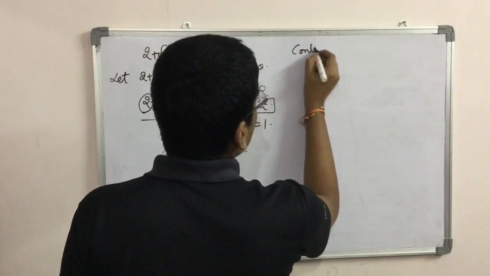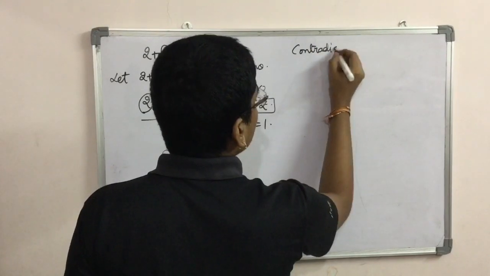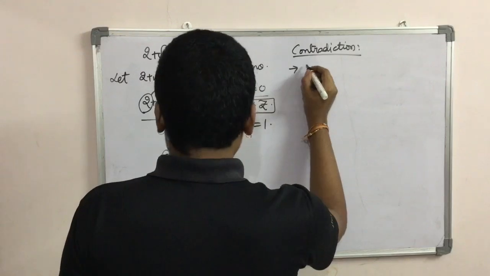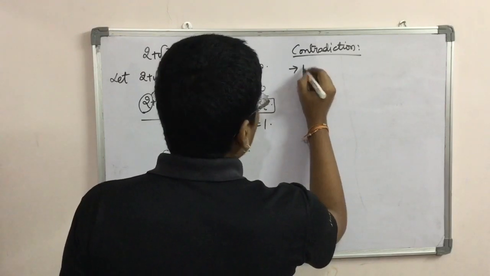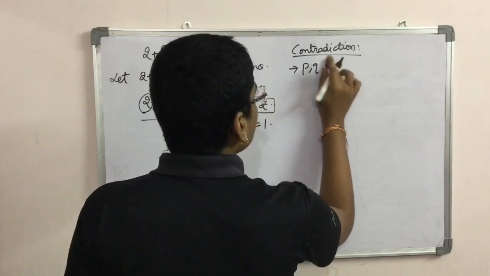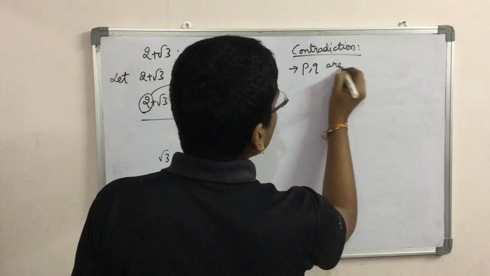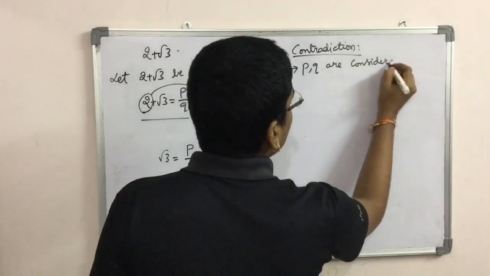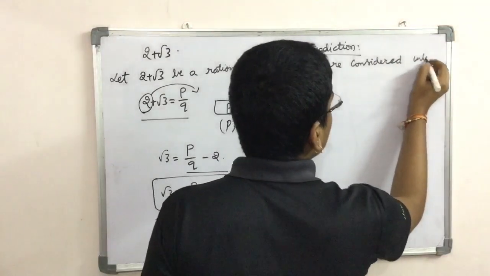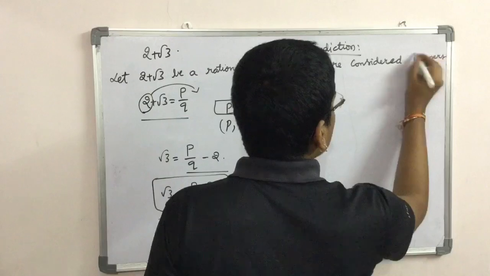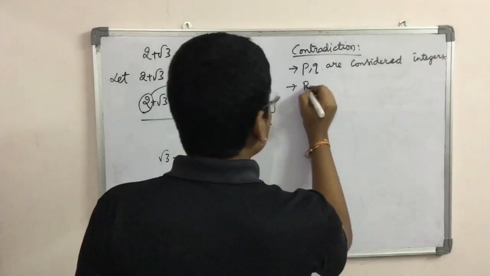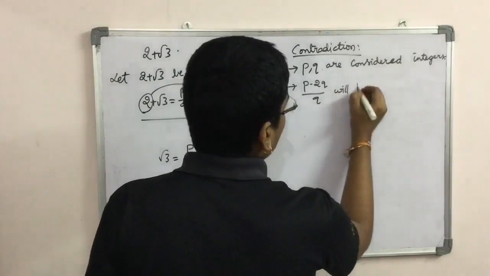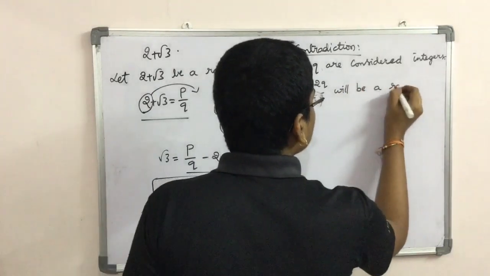So here comes the contradiction statement. p and q are considered integers. So p minus 2q by q will be a rational number.